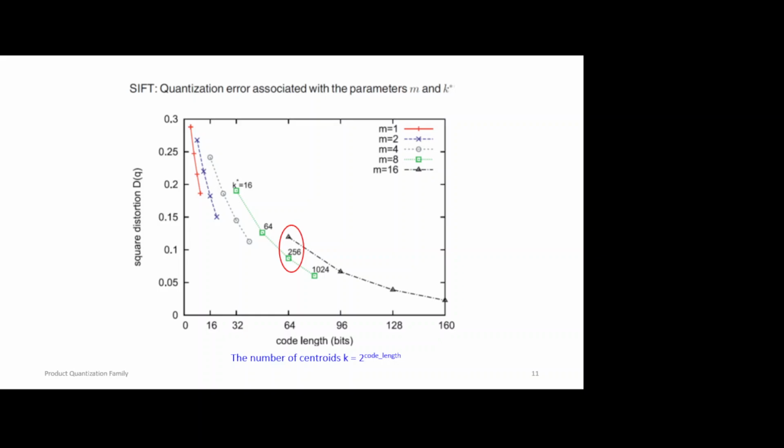Because the y-axis shows the distortion, the lower the better. Even though they have the same code length and the same number of centroids, the green line is better.